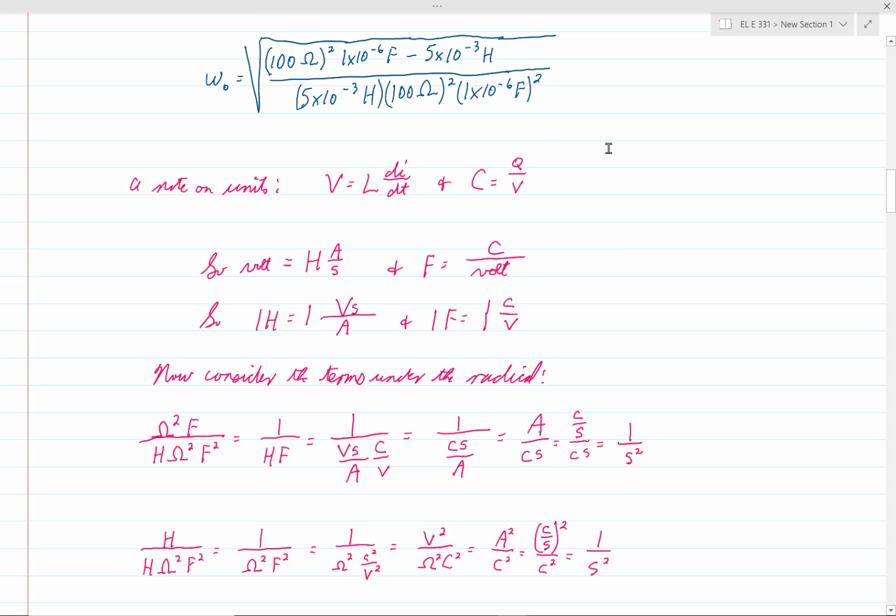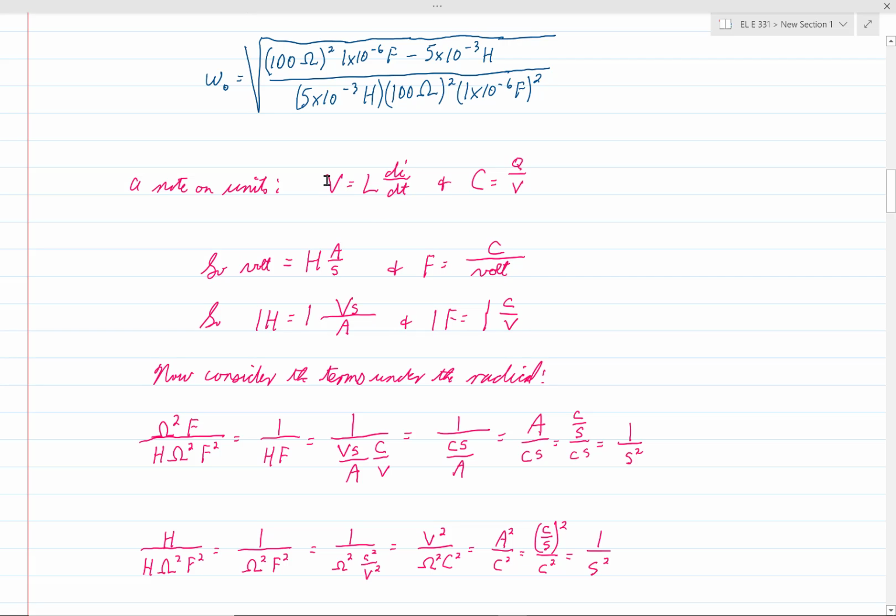Now, if you're like me, you never can remember quite what the farads and henries are in terms of more familiar units. And so to work that out, what I always do is just try to think of an easy equation that will involve those units.